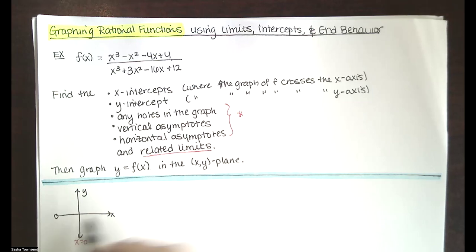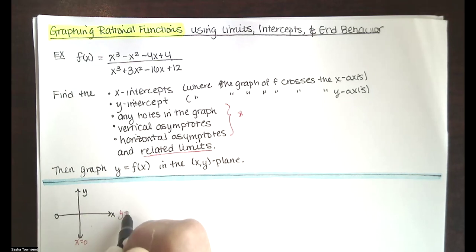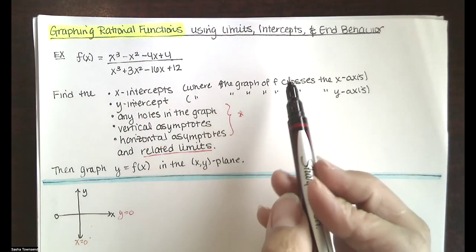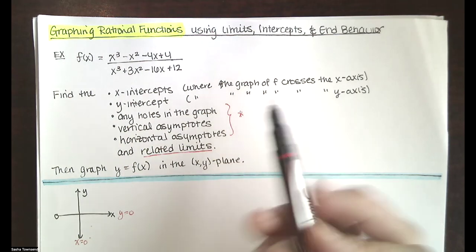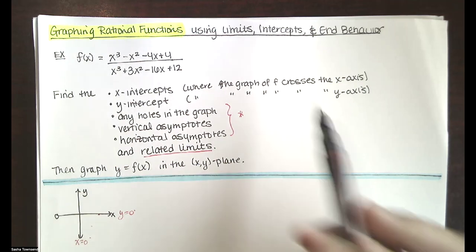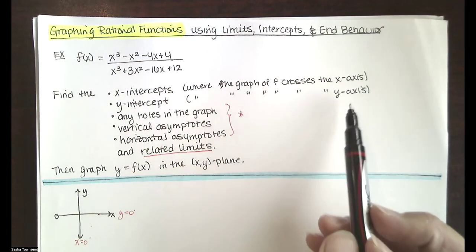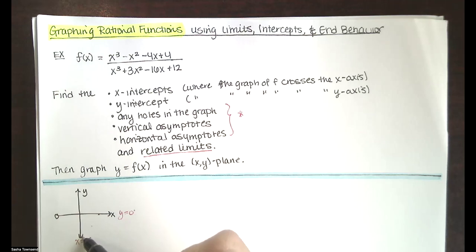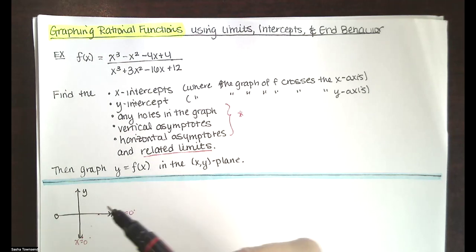The one on the x-axis is y equals 0. So this is y equals 0, this is x equals 0. If I want to know where the graph crosses the x-axis, I would set y equal to 0 and solve for the corresponding x values. To find out where the graph crosses the y-axis, I set x equal to 0. That'll give me where the function crosses the axis.